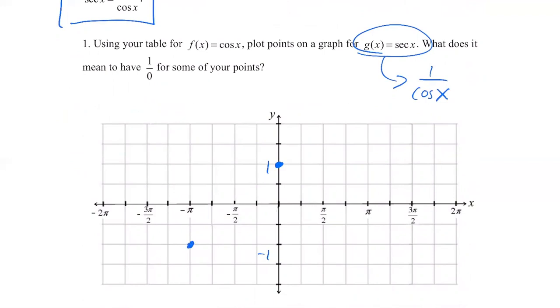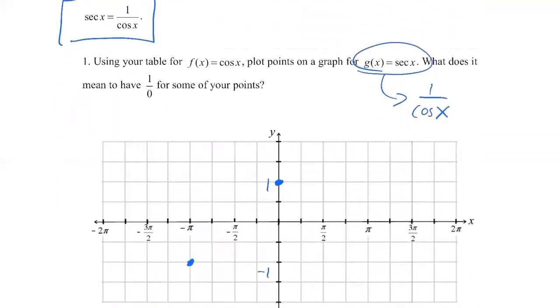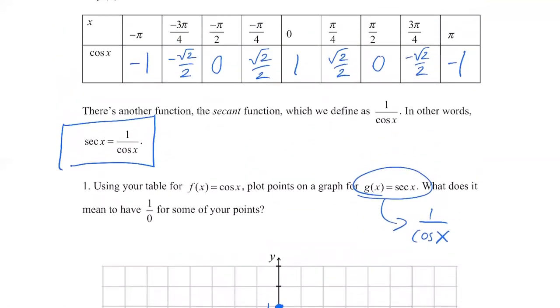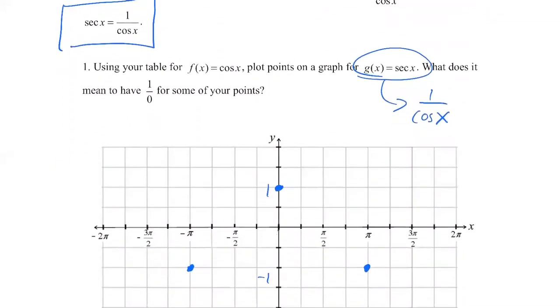And at pi, when x was pi, cosine of x was negative 1, so 1 over negative 1. That, again, lands right there. Okay, now let's look at some of those interior points. If we do root 2 over 2, and we flip that, that would be 2 over root 2.